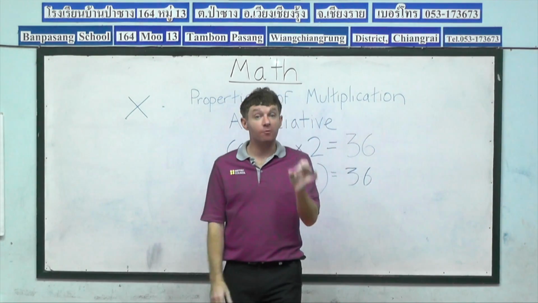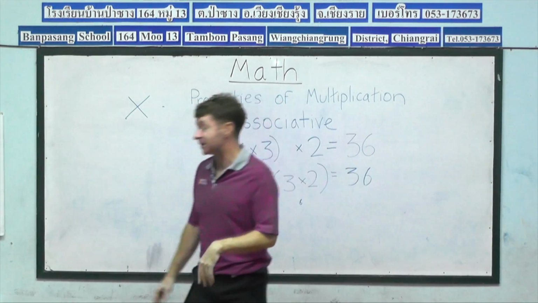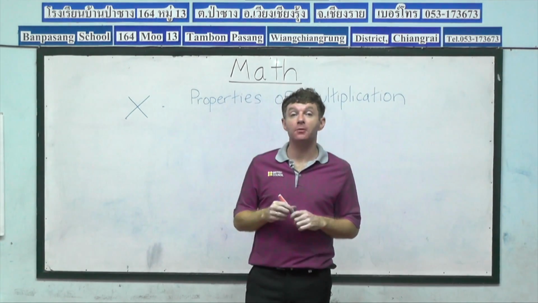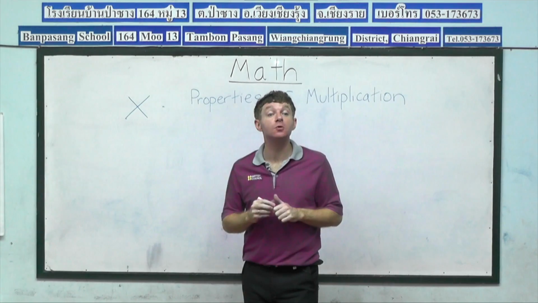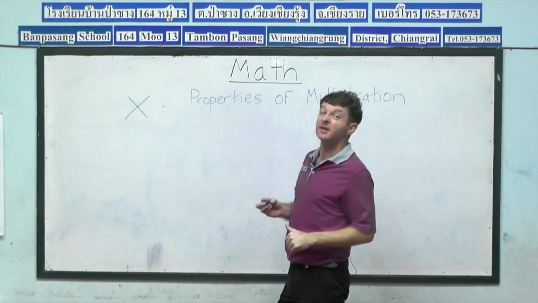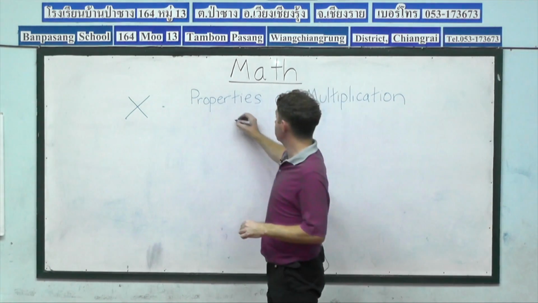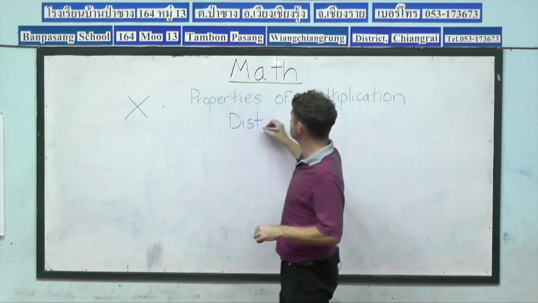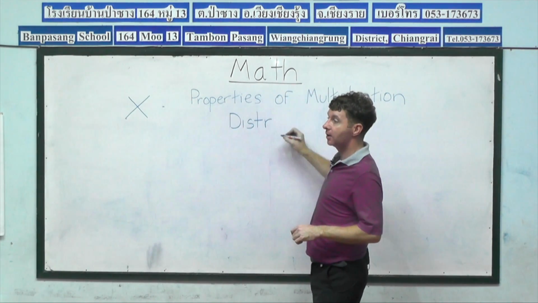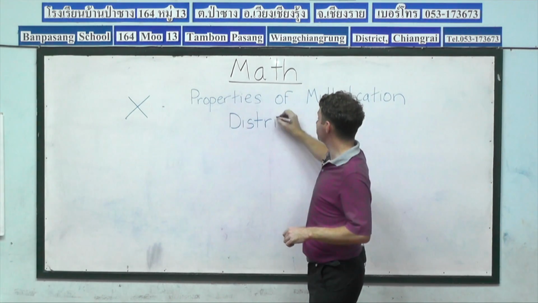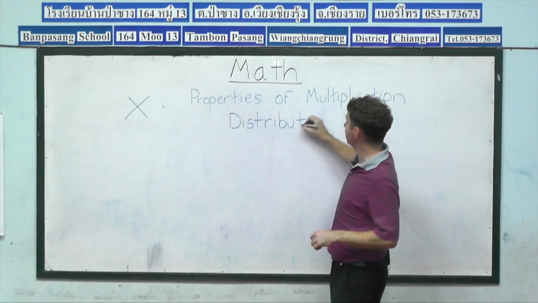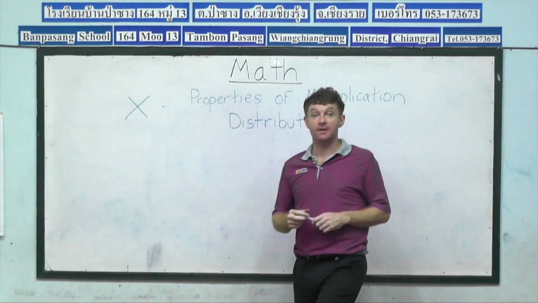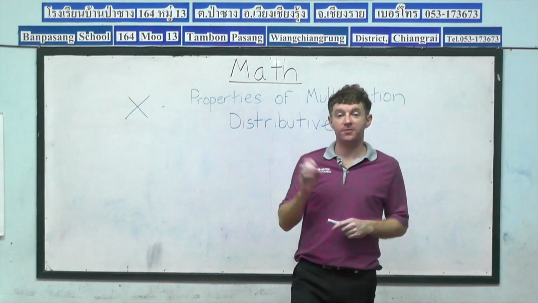And now, on to property number 3, but after I've cleaned the board. And the third multiplication property that we've learnt about today is distributive. Yes, distributive property. D-I-S-T-R-I-B-U-T-I-V-E. Distributive property.